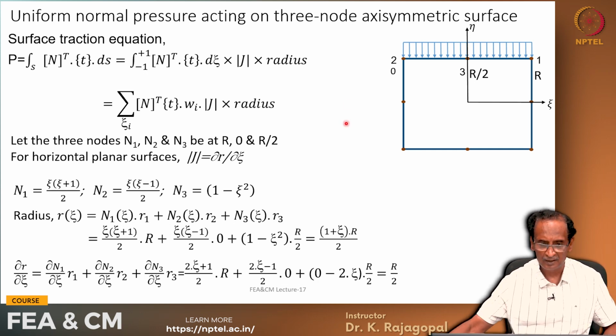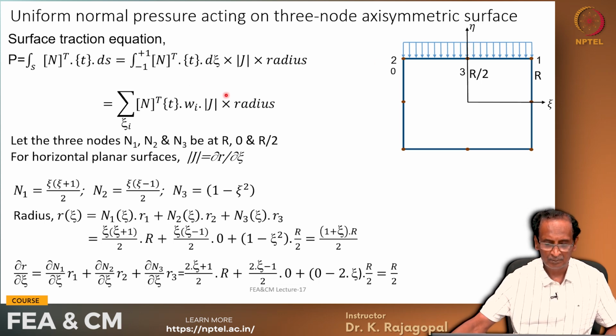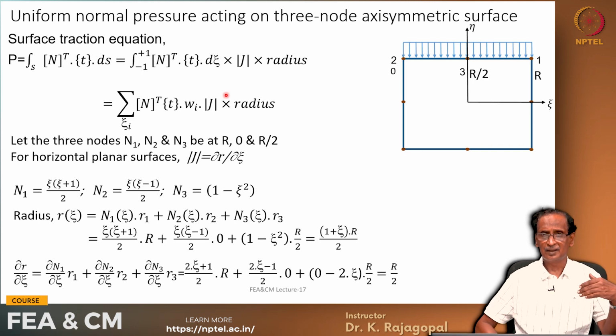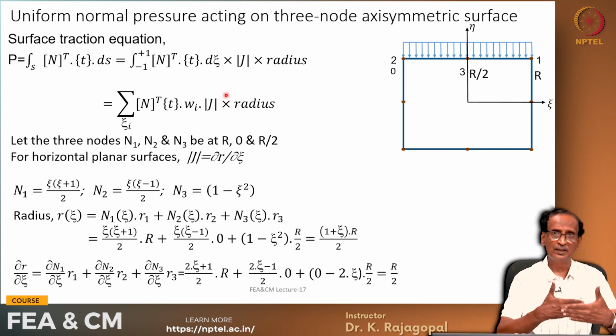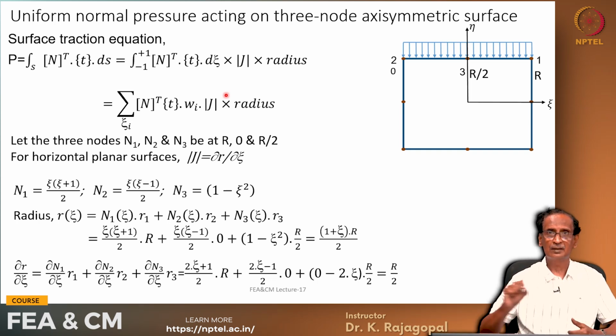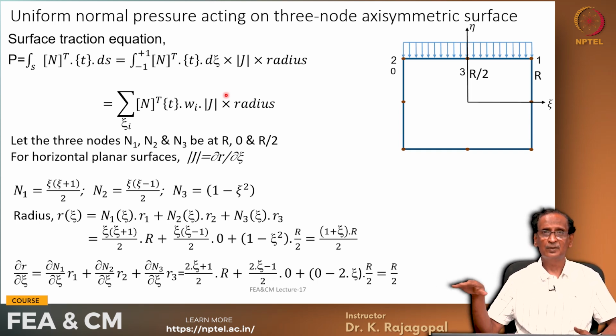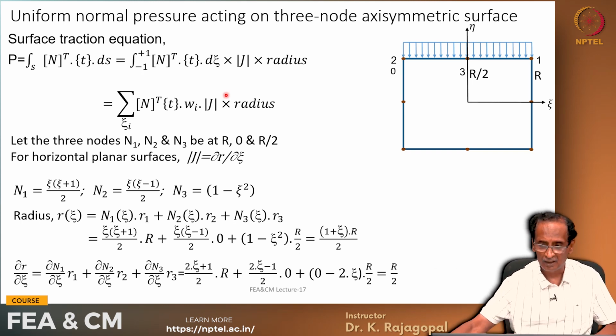And now let us look at an axisymmetric surface, and the only difference between the plane strain and axisymmetric is the radius. So, in the plane strain case we have a unit thickness, but in the case of axisymmetric we have the radius that is varying along the length, along xi.